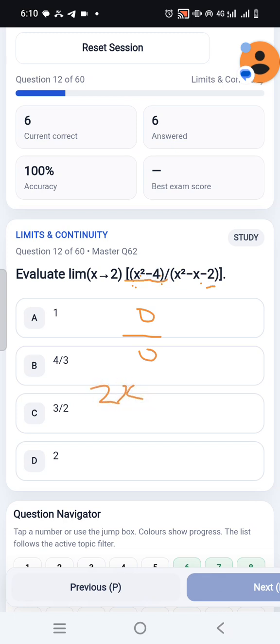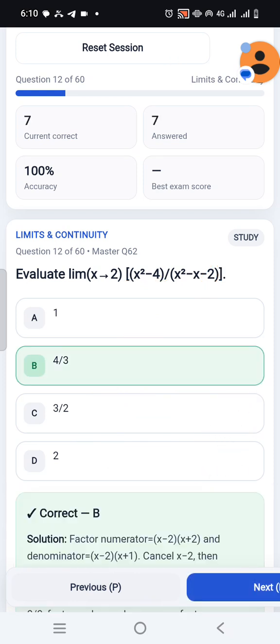Then this minus 1, when I differentiate it, is going to give me 0. When I differentiate x squared, it will give me 2x as well. When I differentiate minus x, it will give me minus 1. This minus 2 is a constant, so when I differentiate it, it's going to give me 0. So I'm just going to substitute the value of x equal to 2. So that will be 2 times 2, 4, all over 2 times 2, 4 minus 1, that is 4 over 3. So B is my answer.